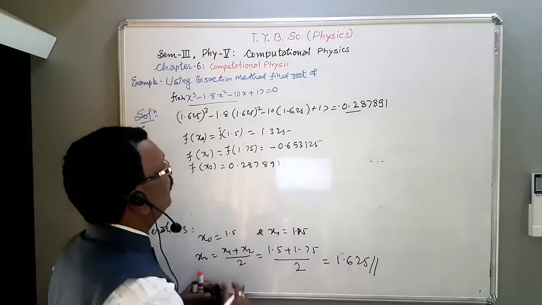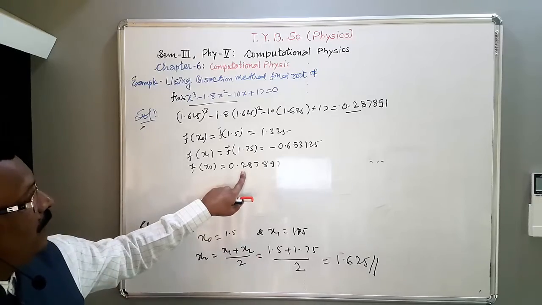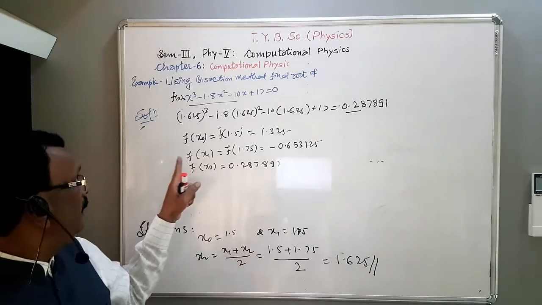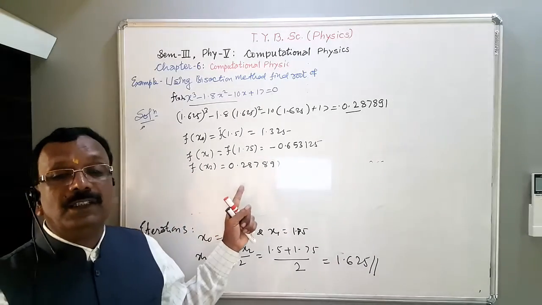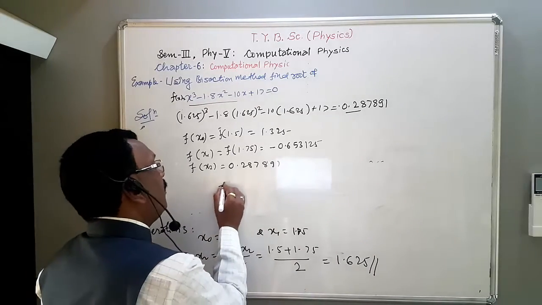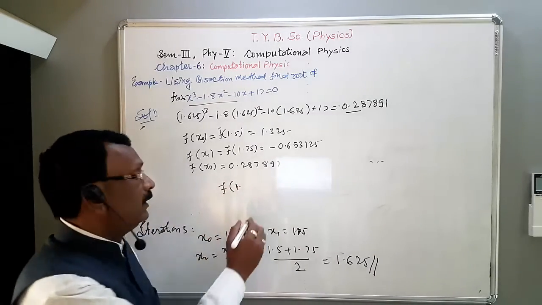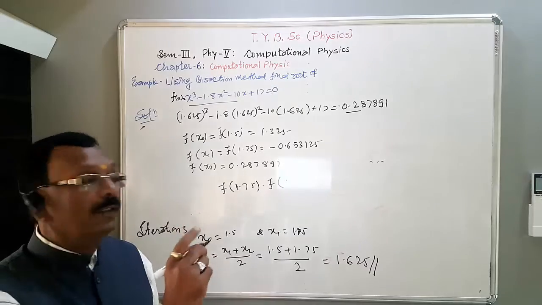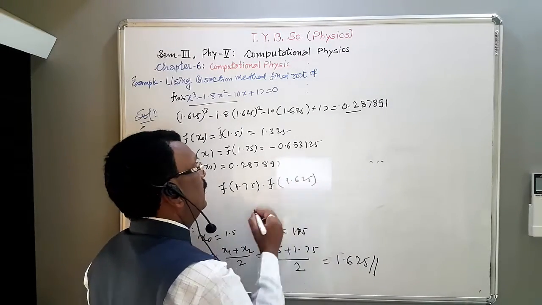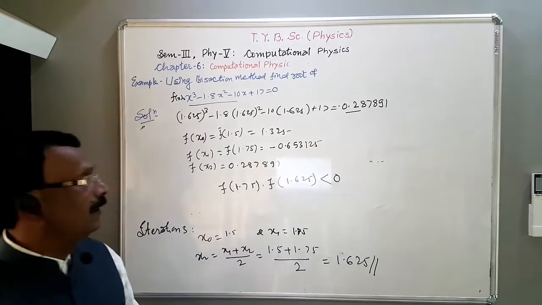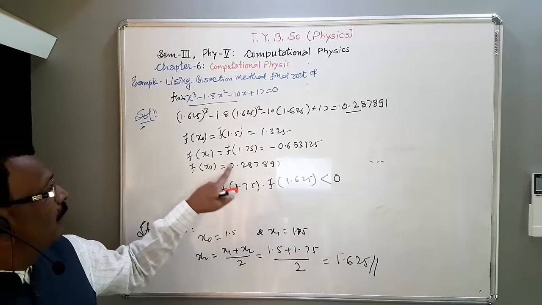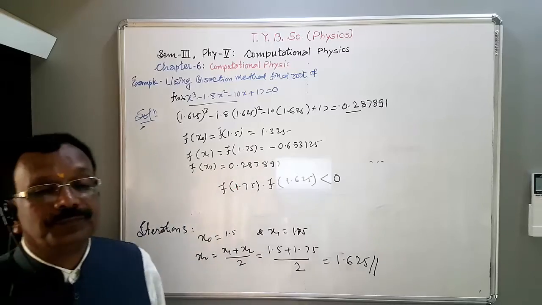Now, which are the closest values? Here in this third iteration, our values f of 1.75 and f of 1.625 product is less than 0. That means again the roots are lying in between these two.